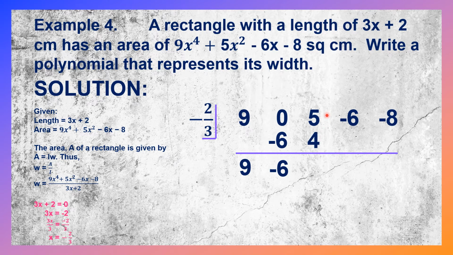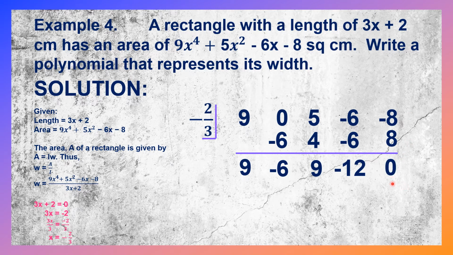Then add 5 plus 4 is equal to 9. Then 9 times negative 2/3 is equal to negative 6. Negative 6 plus negative 6 is equal to negative 12. Then negative 12 times negative 2/3 is equal to positive 8. Then negative 8 plus positive 8 is equal to 0.